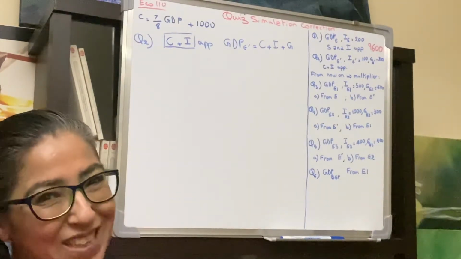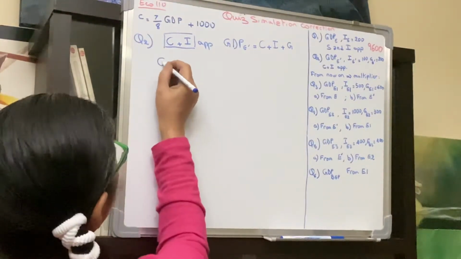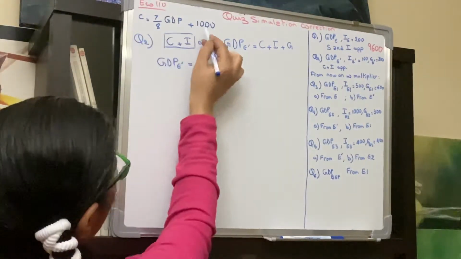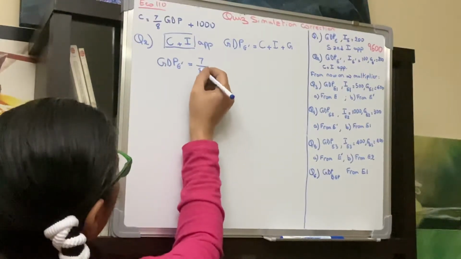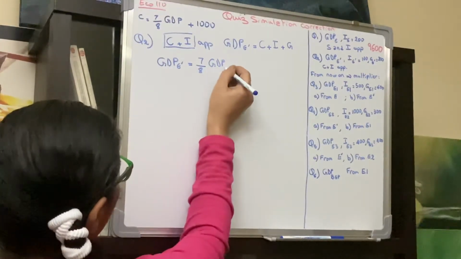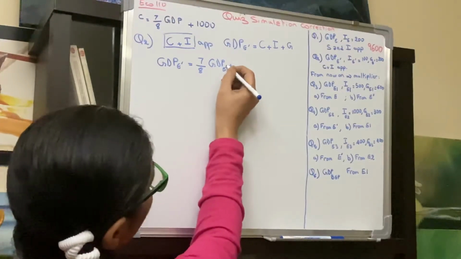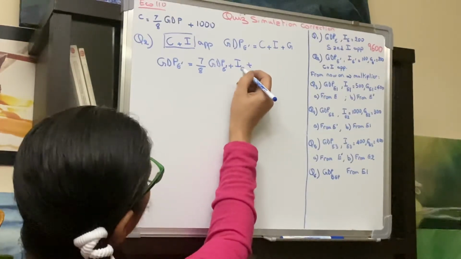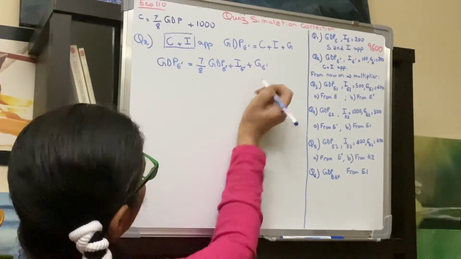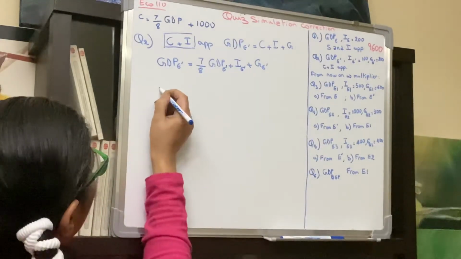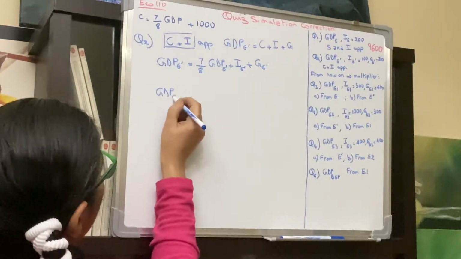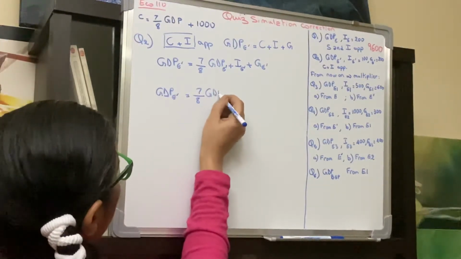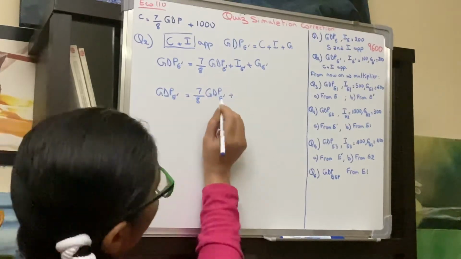And now it's super easy. So GDP at E prime is equal to C. Here is my C, 7/8 GDP at E, this happens only at equilibrium, at E prime, I'm sorry, plus I plus IE prime plus GE prime. Let's do it. So GDP at E prime is equal to 7/8 GDP at E prime plus, what is I?